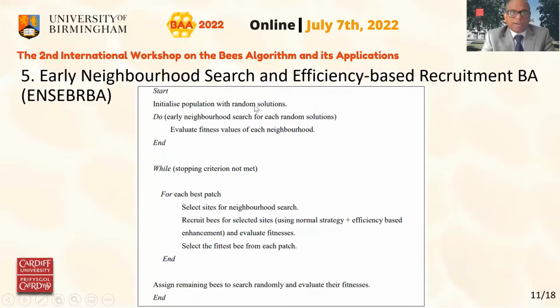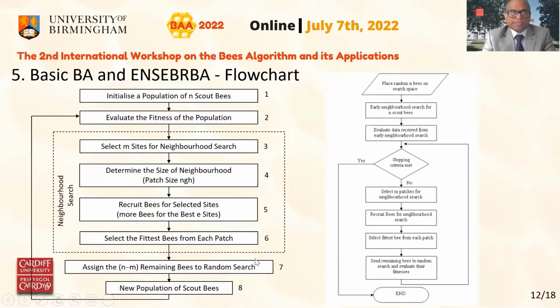So initialize the population with random solutions, do early neighborhood search for each random solution, evaluate the fitness, and from that you identify the most promising, slightly interesting search spaces. Okay, and then having found those, you recruit more bees based on the efficiency of those sites.